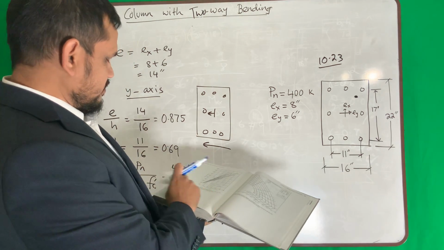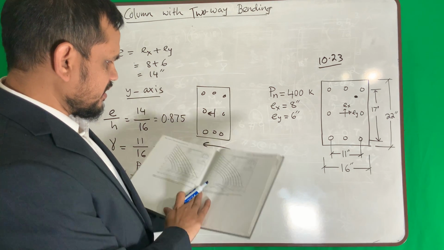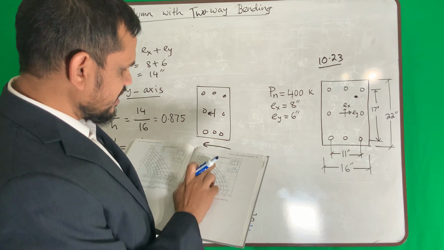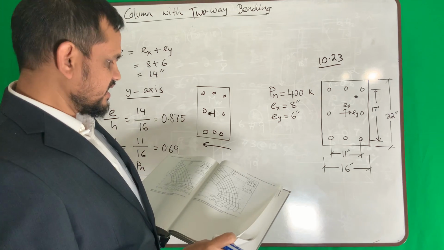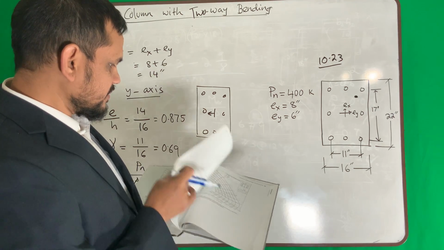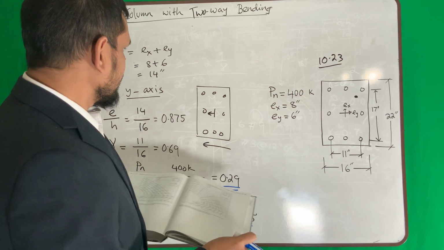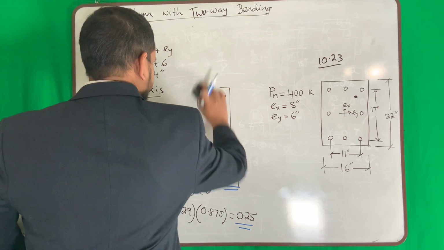So I'm very close to the chart. My reinforcement is all around, yes, f'c 4, fy 60, yes, I got gamma here 0.6. Chart, graph 6, and graph 7.